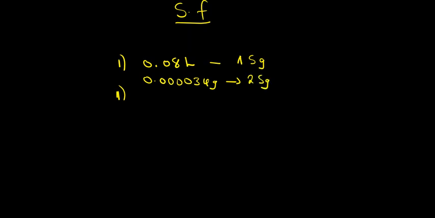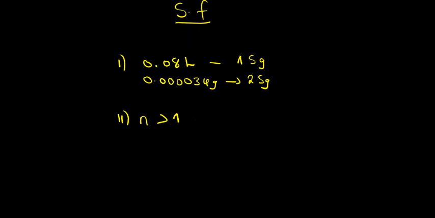All right, so the other rule that we have, let me say this is the second rule. If a number is greater than 1, then all the following zeros are significant figures. I'm talking now to the right side.